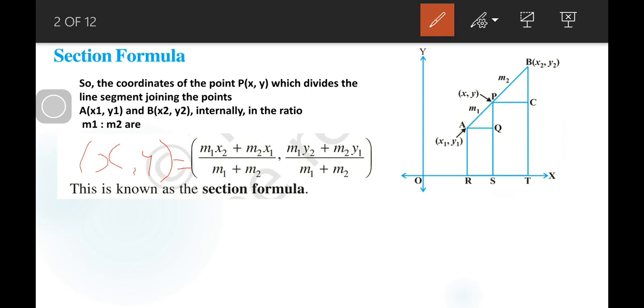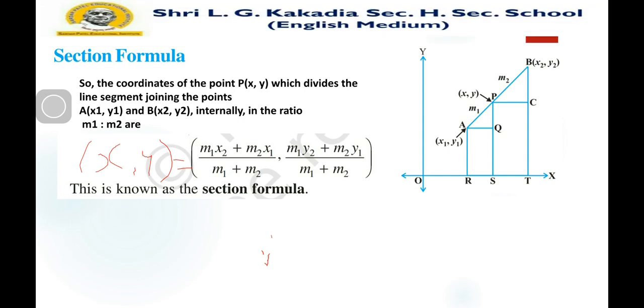The formula is given by m1 x2 plus m2 x1, once again repeating, m1 x2 plus m2 x1 divided by m1 plus m2.